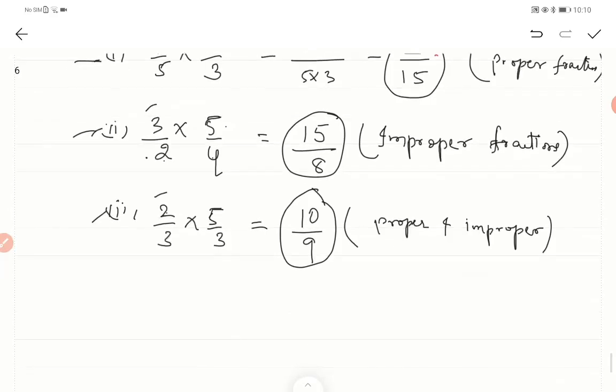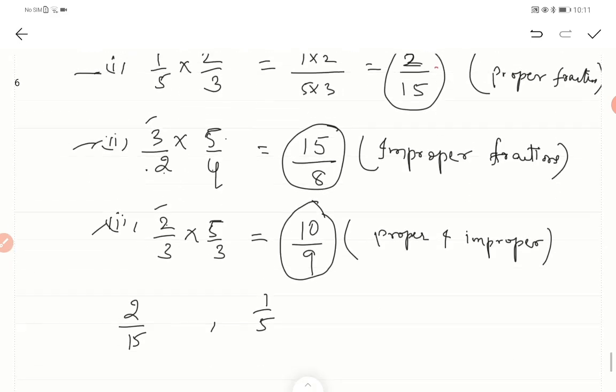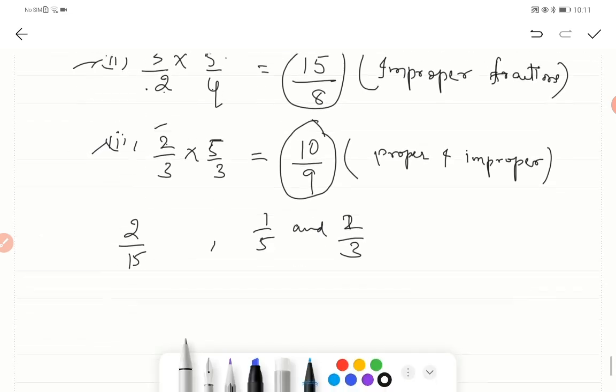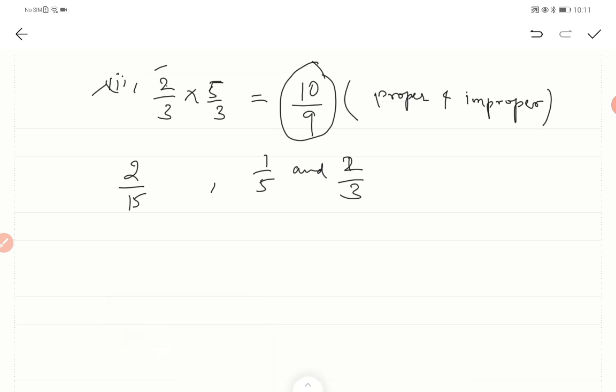Our answer was 2 by 15, isn't it? And the two given fractions were what? 1 by 5 and 2 by 3, that is 1 by 5 into 2 by 3. Let's check individually. If I compare 2 by 15 with 1 by 5, we will do this butterfly model.